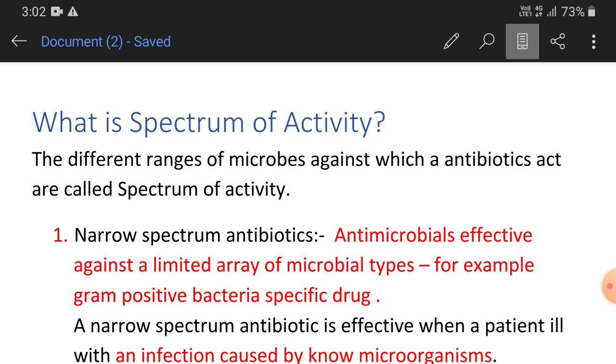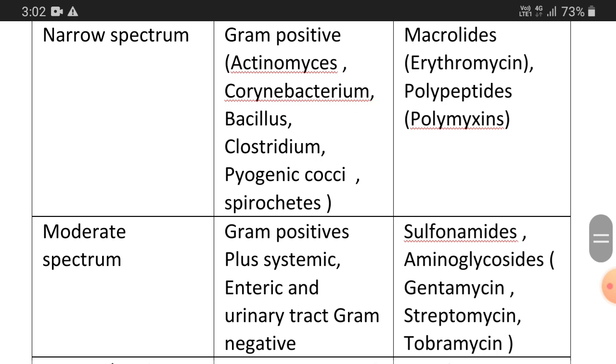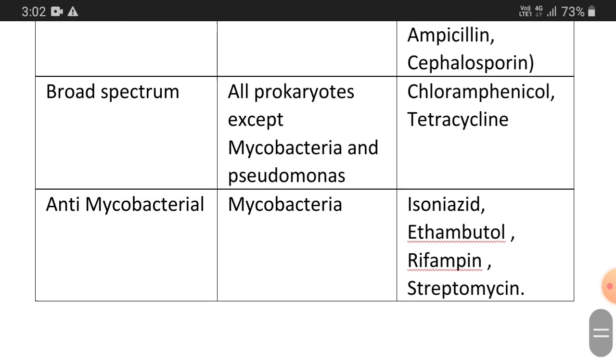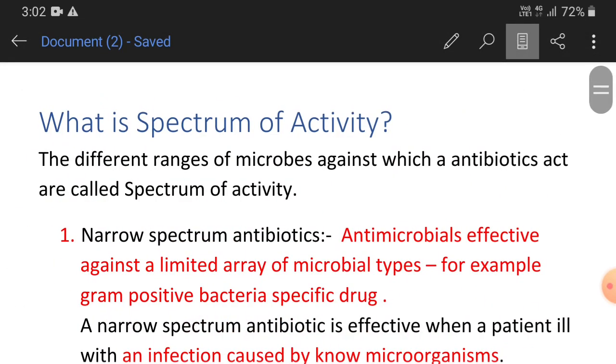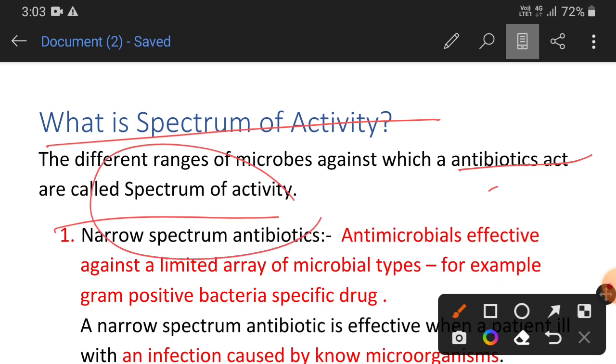I hope that you have understood the concept very well. Let me recapitulate it once again. Spectrum of activity means the different ranges of microorganisms against which an antibiotic can act, right? And this is called spectrum of activity. Depending on this, antibiotics can be divided into two parts.